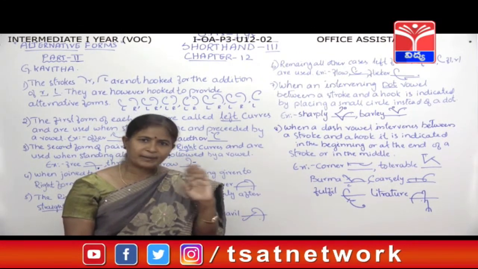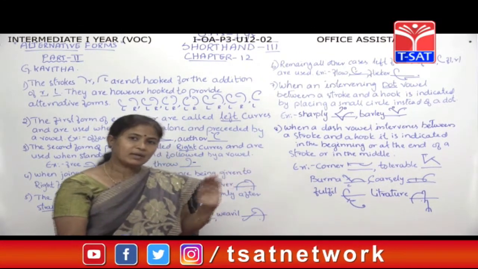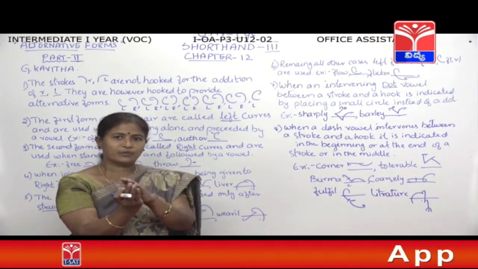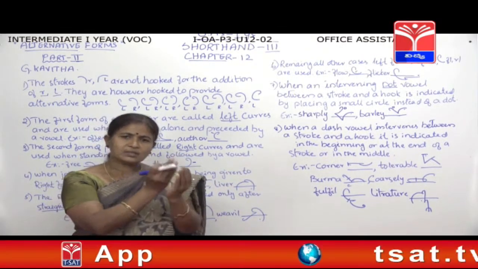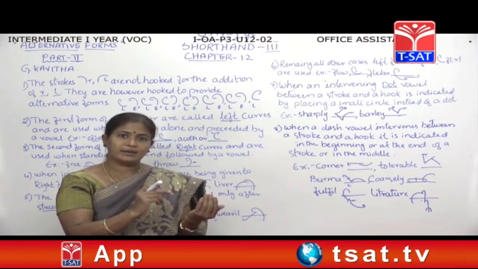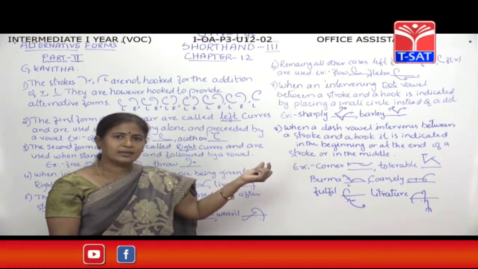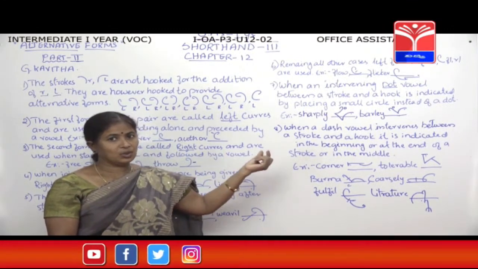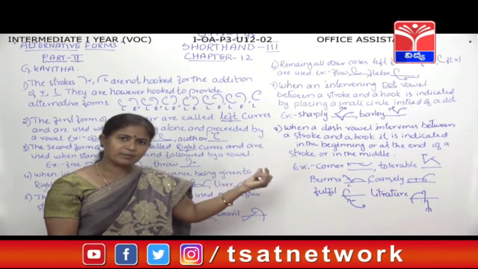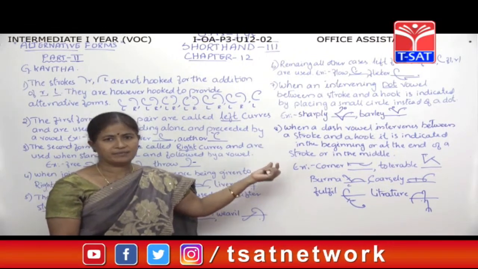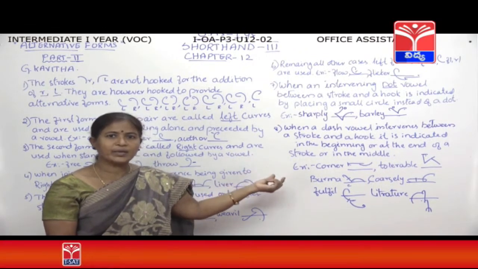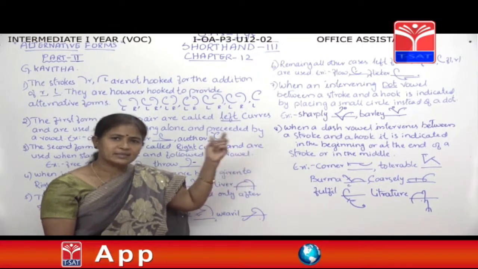We don't place, isn't it? Only when they come after, we place it after the hooked forms. Or if they come before, we just place it before. But if any vowel, either dot vowel, first place, second place or third place, or dash vowel, intervenes, if it comes between a stroke and a hook, it is placed.